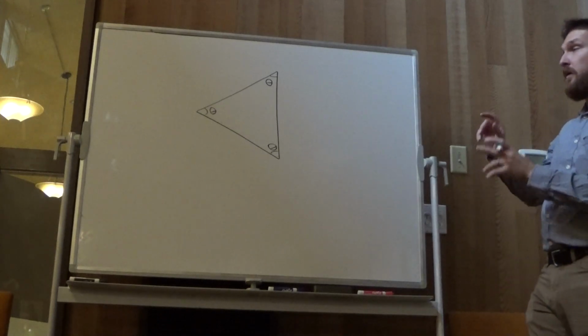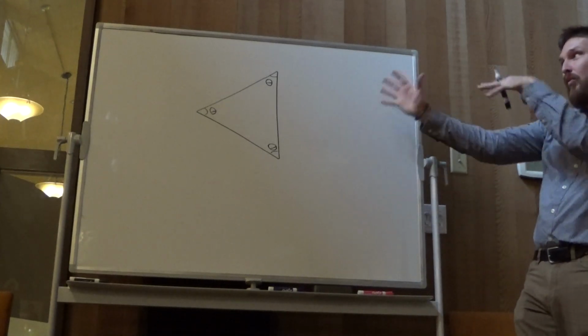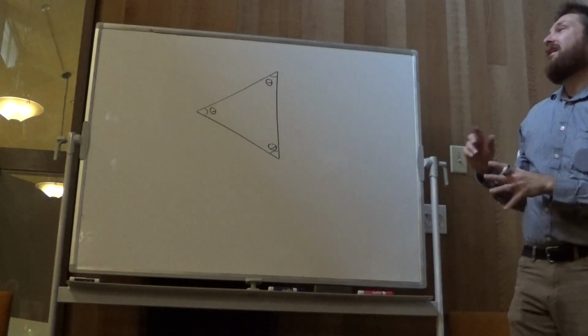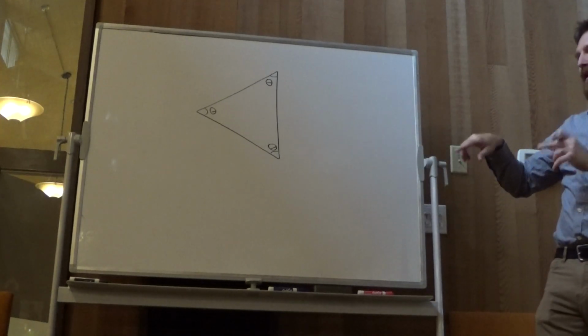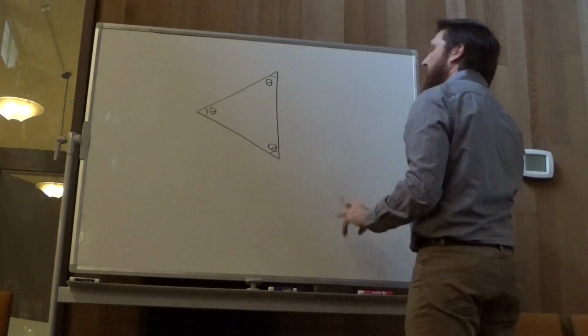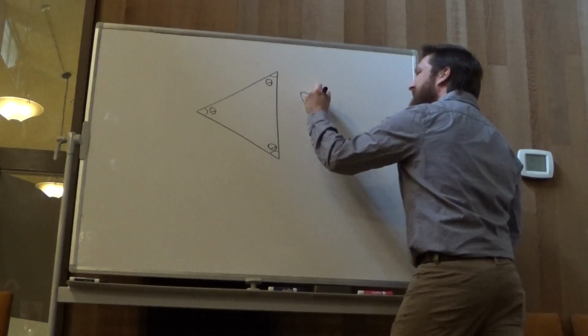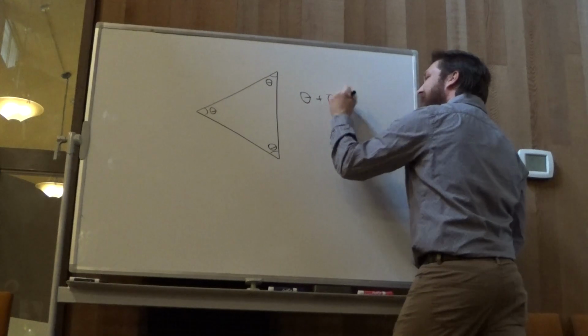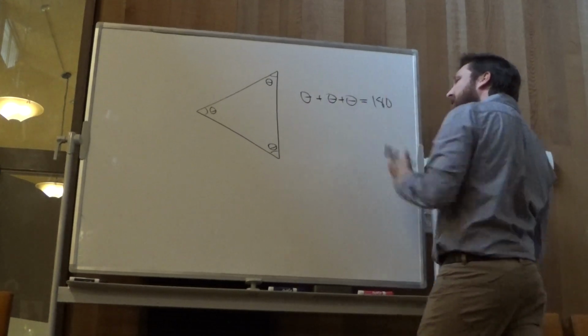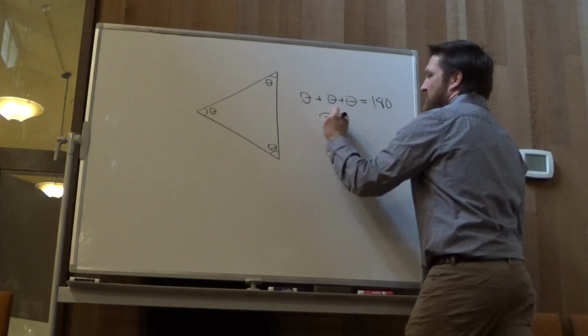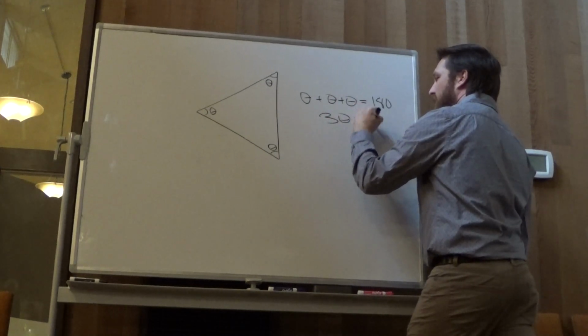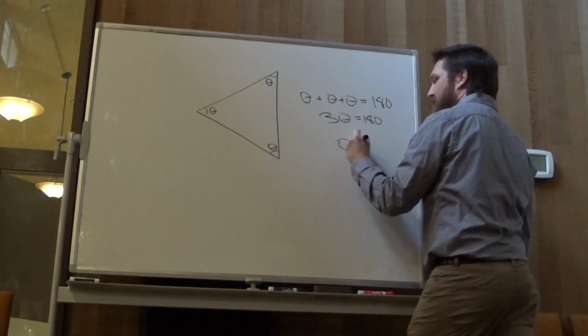If you had some kind of surface that was warped in a specific way, you could end up so that they're not, I'm sorry, just forget I said anything. They're all the same, right? And so it must be the case that theta plus theta plus theta has to give you 180. Oh, that's the same as 3 theta equals 180. And so what's theta?